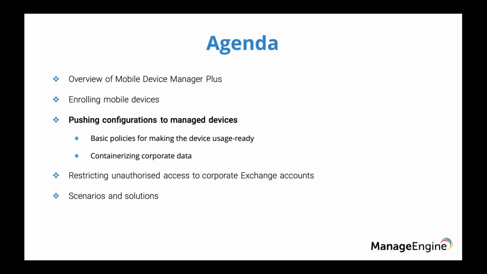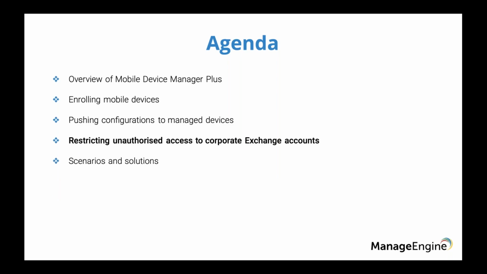So we'll be discussing more about that today. And we would also be discussing how you can restrict unauthorized access to your corporate Exchange accounts. We talk more about that because most of you would be using Exchange Online or Exchange ActiveSync. So we would discuss how you can protect your email services as well.